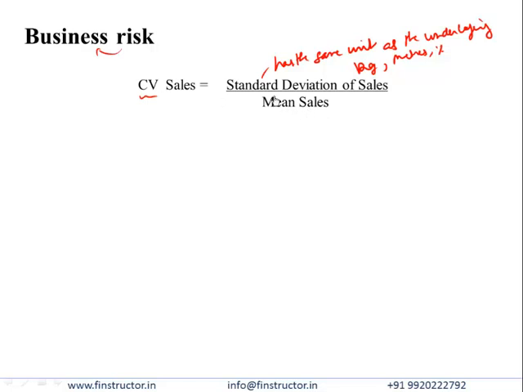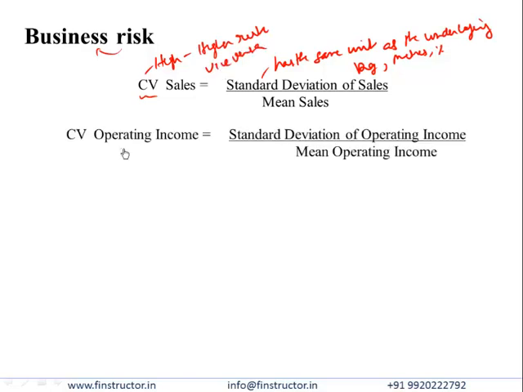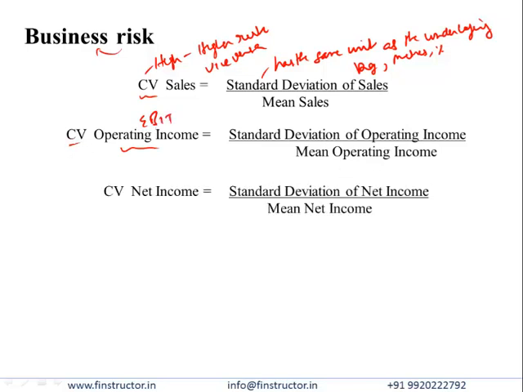So the coefficient of variation as a ratio becomes comparable across industries and across different companies, and a high coefficient of variation would indicate higher risk and vice versa. Similarly, I can check for the standard deviation of operating income, that is EBIT, and compute the coefficient of variation. I can compute the coefficient of variation of the net income.